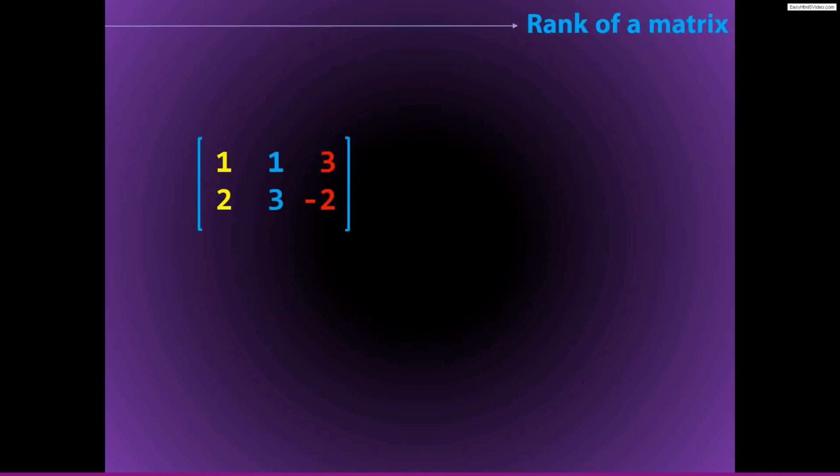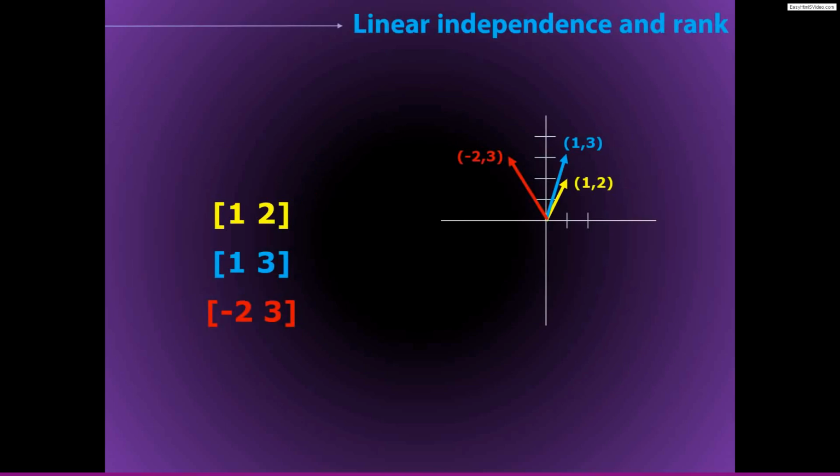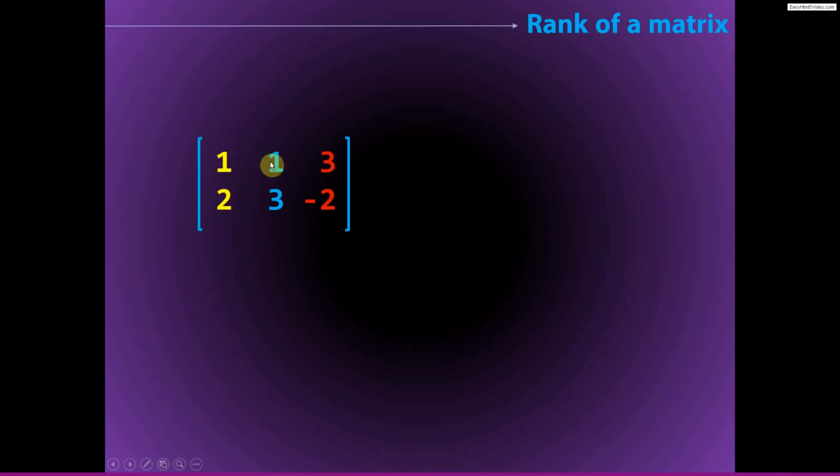All right, so that's about linear independence. So now if we take these vectors and we put them into a matrix, it looks like this. These are the 3 vectors, and we're putting them as column vectors into this matrix. Although that doesn't matter, we could have also made these row vectors and had a 3x2 matrix. Now we change the phrasing of the question.